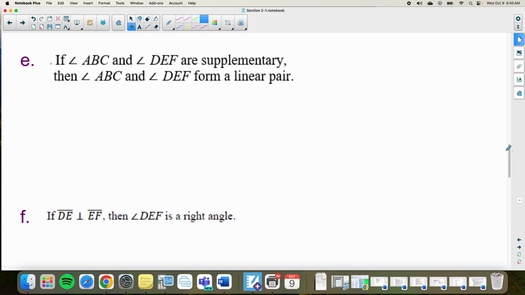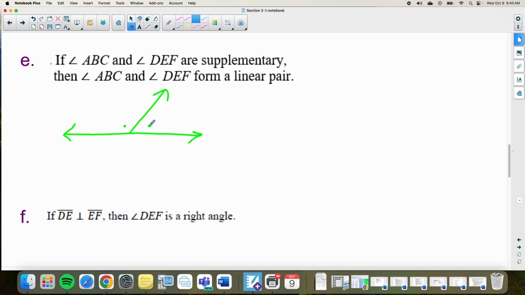Now, E, think about this. If you have 2 angles that are supplementary, do they form a linear pair? Do they have to form a linear pair? Think about that. If you have a linear pair of angles, like say I had this one and this one, they're going to be supplementary, right? Because they're going to add up to 180, and they're going to be a linear pair.